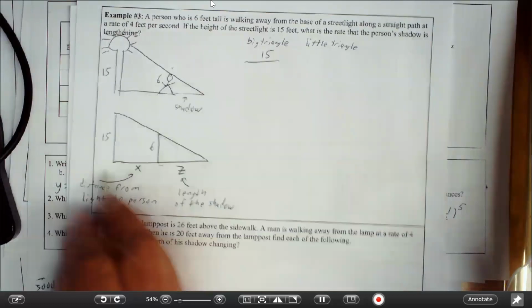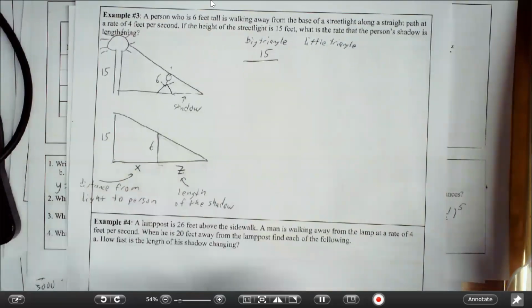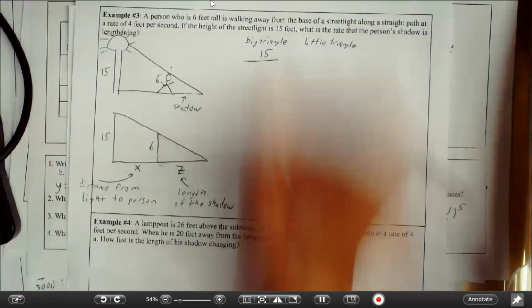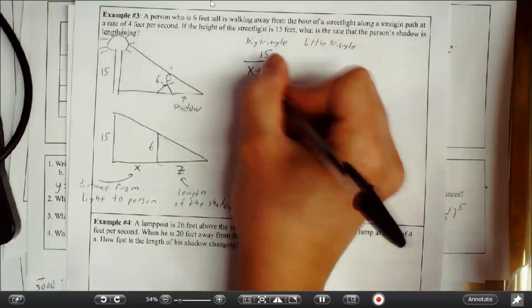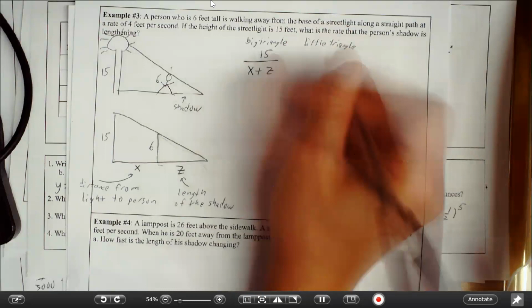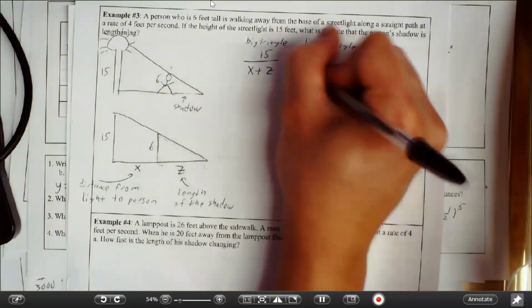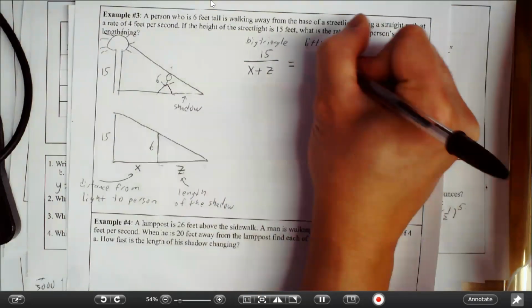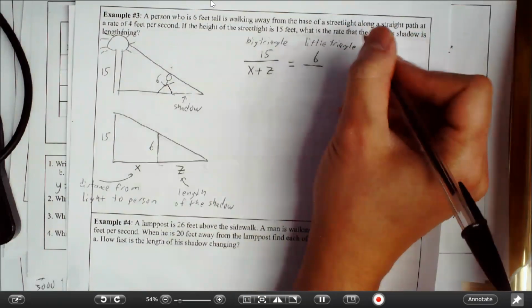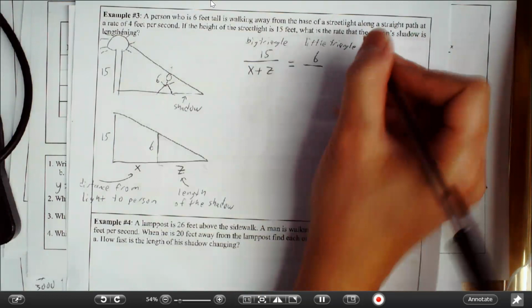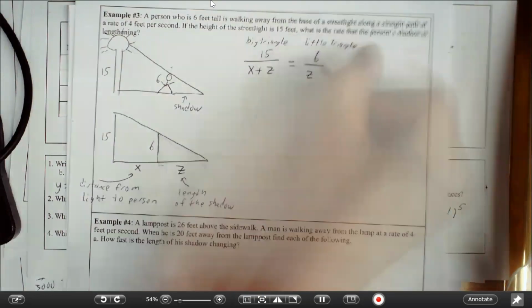What's the base of the big triangle? Not x times z, x plus z. So this is the height, this is the base. Now for the small triangle, the height is 6, but what's the base? Not z minus x, it's just z, right? Z.